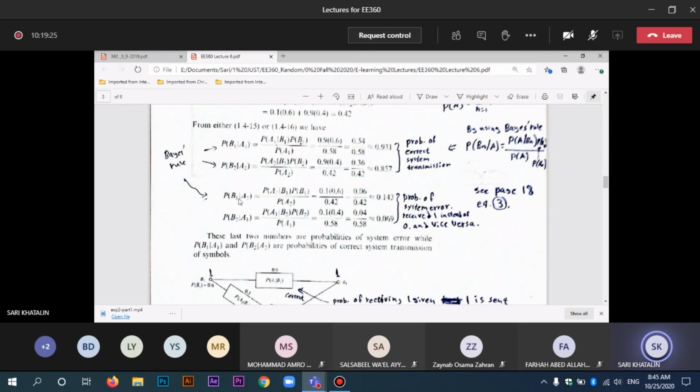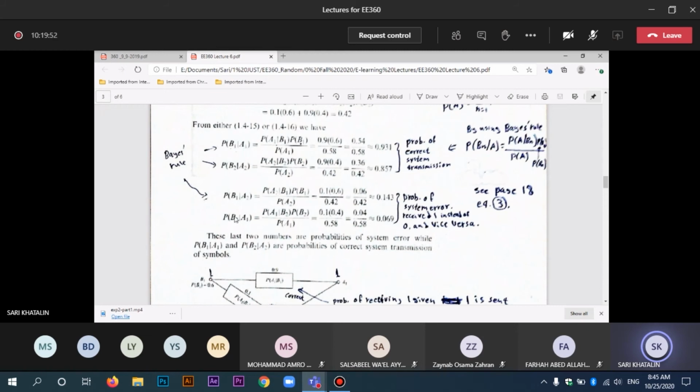Again, you use Bayes' rule right here, and after you plug in the numbers, the probability in this case is about 14.3%. So there's over 14% system error for the symbol 1, where you send 1 and you receive 0.